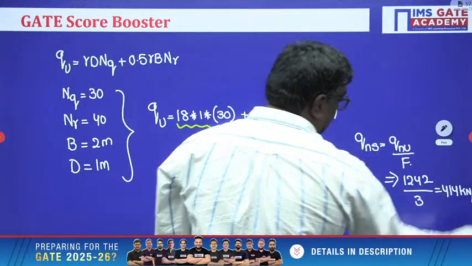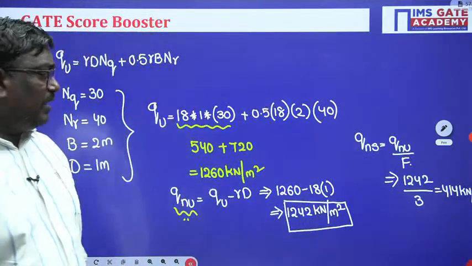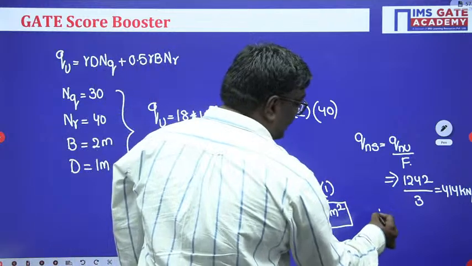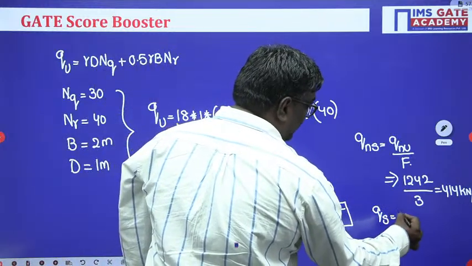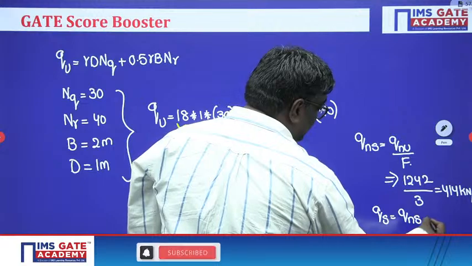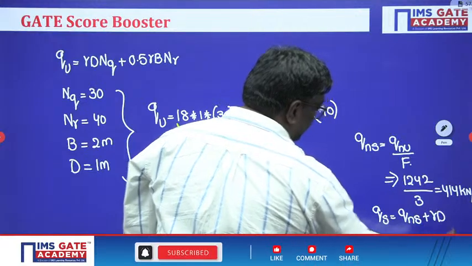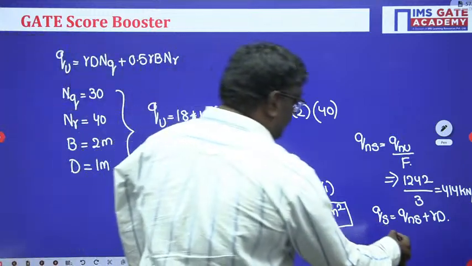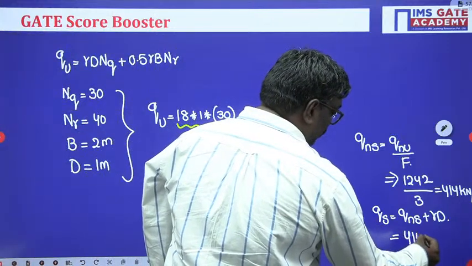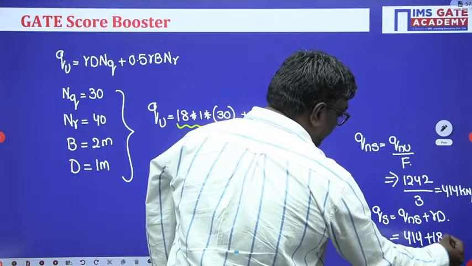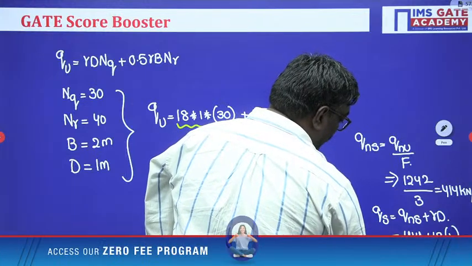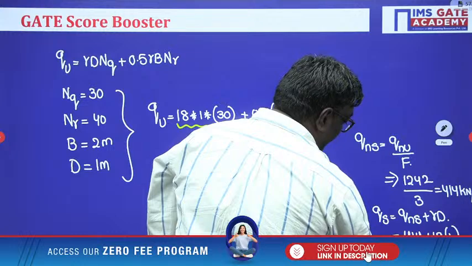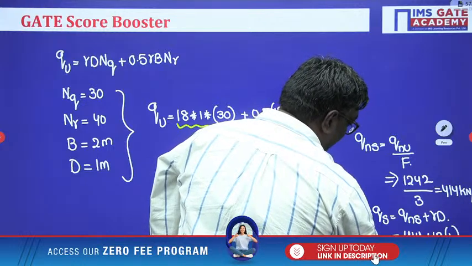Now, my dear students, gross safe bearing capacity is nothing but net safe bearing capacity plus gamma into D. Am I clear? So, the net safe bearing capacity is 414 plus 18 into 1 meter. So, you can get a value of 432 kilonewton per meter square.